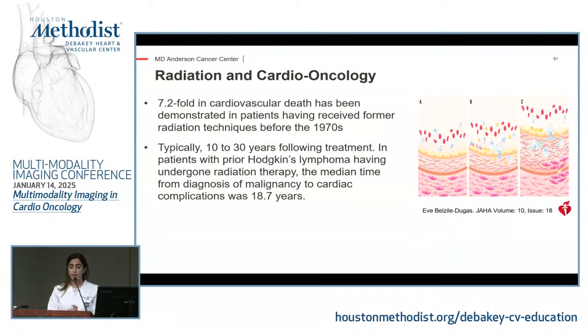We're going to move on to radiation heart disease. The majority of this comes to us from the Hiroshima survivors. That's when we started recognizing that radiation heart disease is a thing. In medical treatments back in the 70s, they saw a 7.2% increase in cardiovascular deaths in patients who were getting radiation therapies.